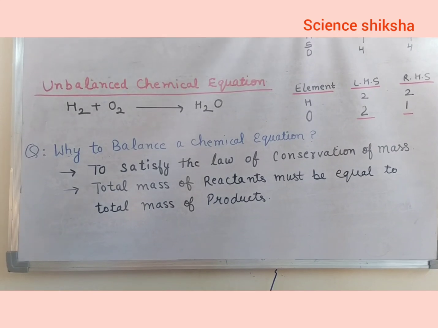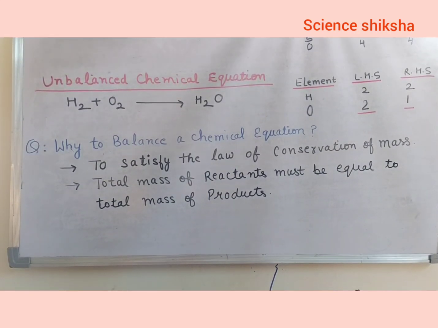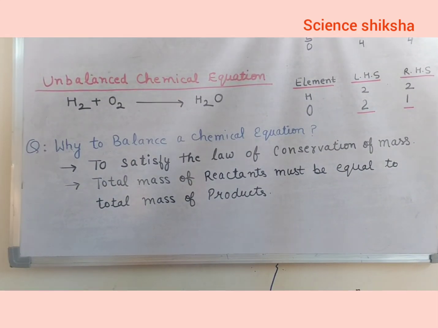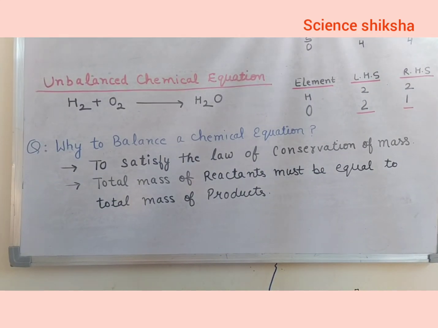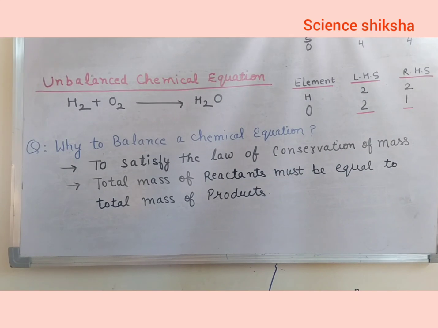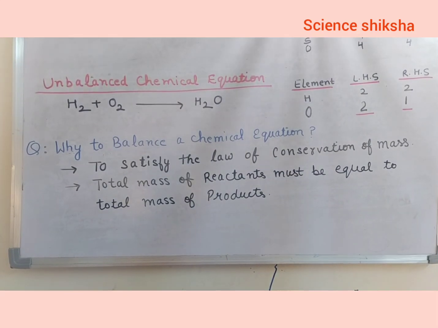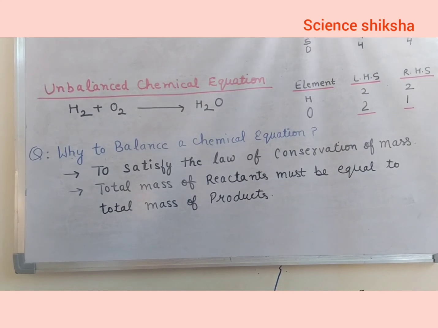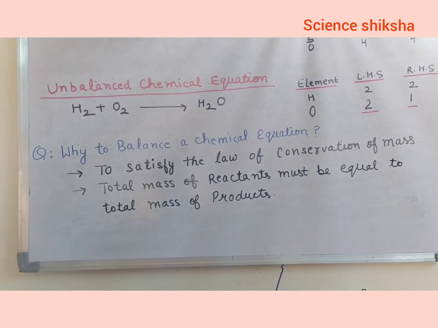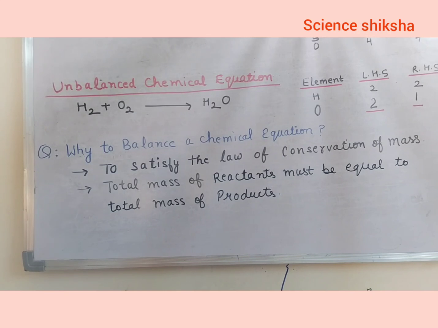It means the total mass of the reactants must be equal to the total mass of the products. So the number of atoms of different elements on the left hand side must be equal to the right hand side, and so we need to balance a chemical equation.